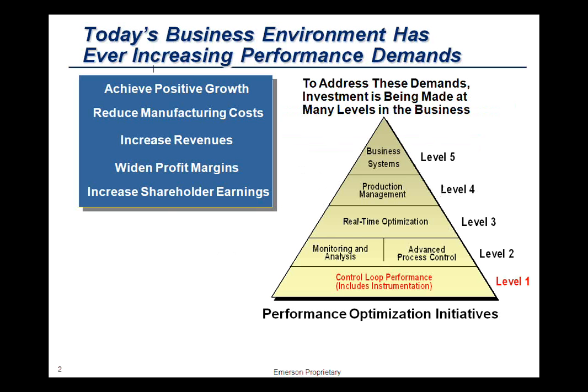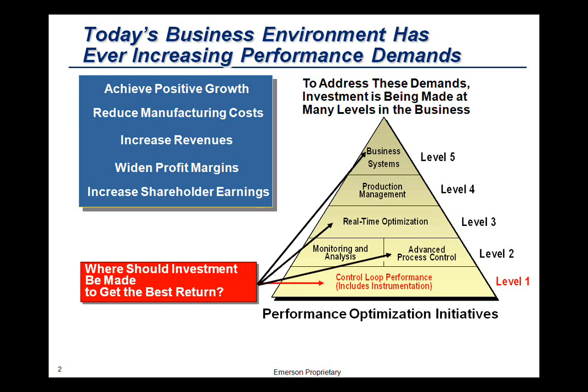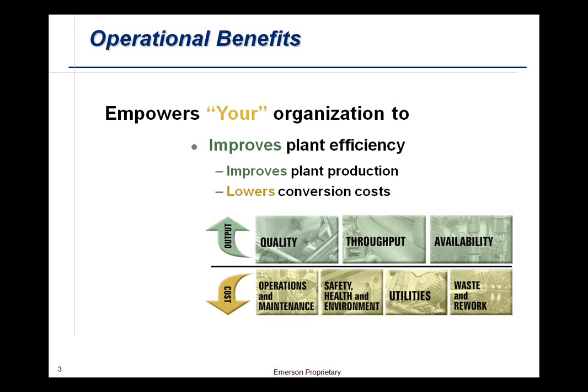Today's business environment means that we often need to make decisions in a wide range of areas. You know, where we would want to invest that money and how we would get a return on that. Just looking at some of the areas that you may invest, that you would like to improve, in areas like the quality, the throughput, and the availability.